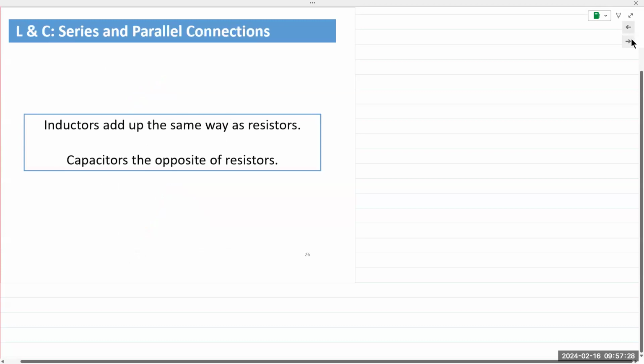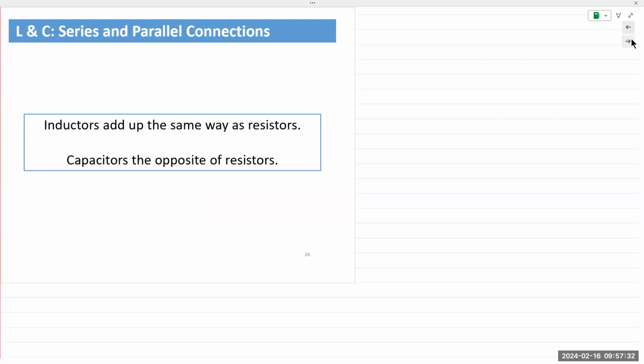Inductors and capacitors add up the exact same way as resistors. Inductors add up the same way as resistors. Capacitors add up the opposite of resistors. So if you have 2 inductors in series, you can measure the inductance. If this is L1, if this is L2, the total LT is simply L1 plus L2. 2 inductors in parallel.